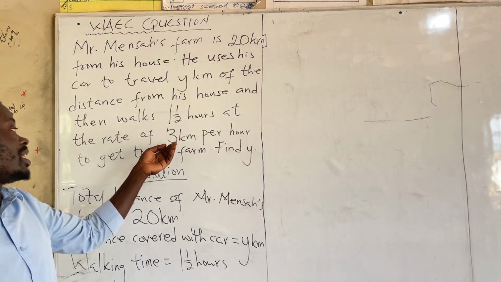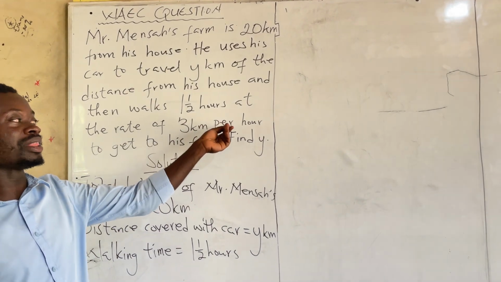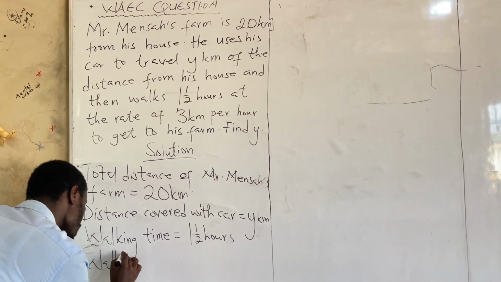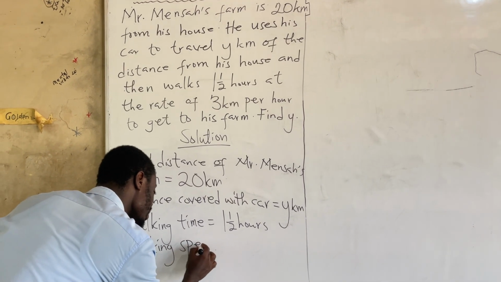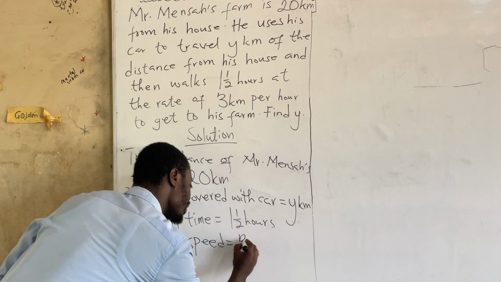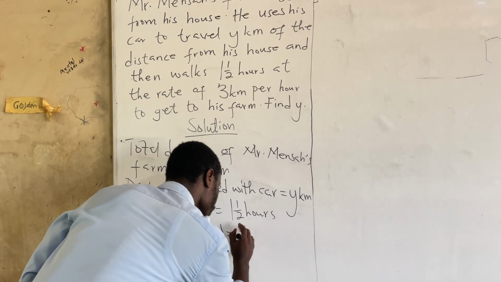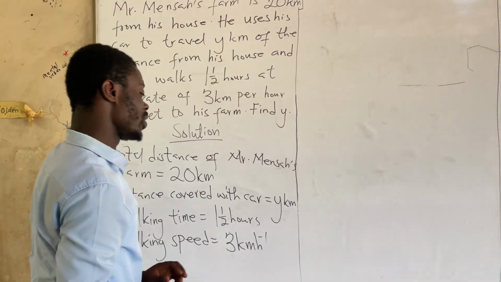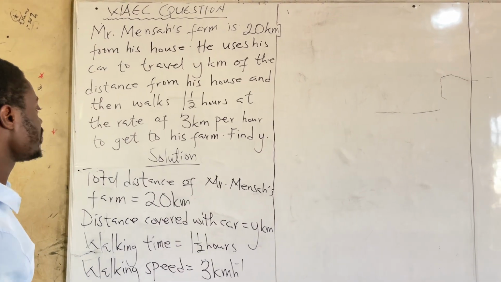So this gives us the walking speed, 3 kilometers per hour. So walking speed equals 3 kilometers per hour.